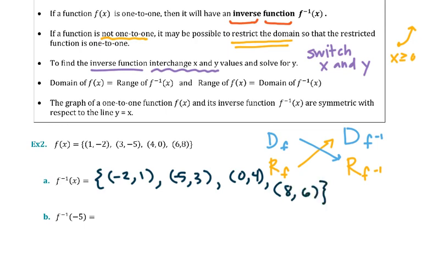So in order to find the inverse, all we're doing is switching the x and y value. So part B here says f inverse of -5. Well, in the inverse function, when x is -5, my output value is 3. So 3 would be my answer there.